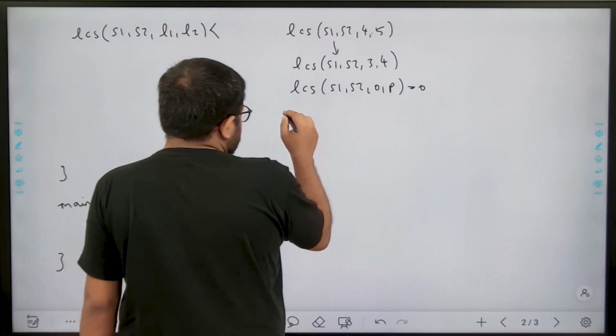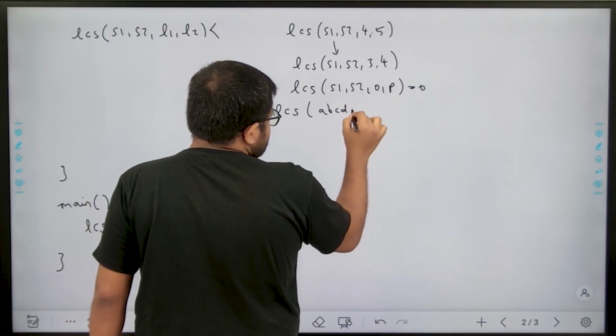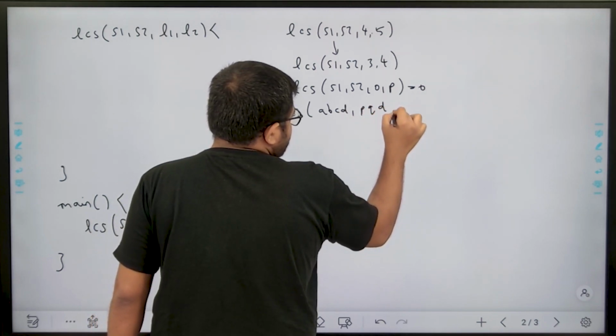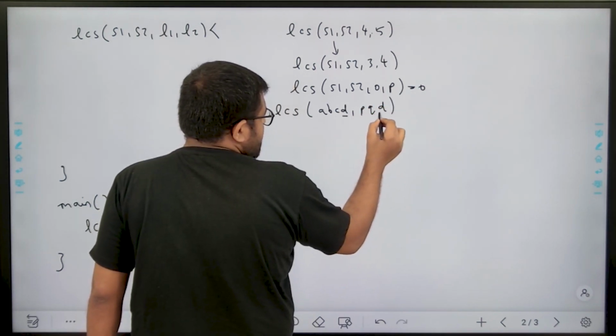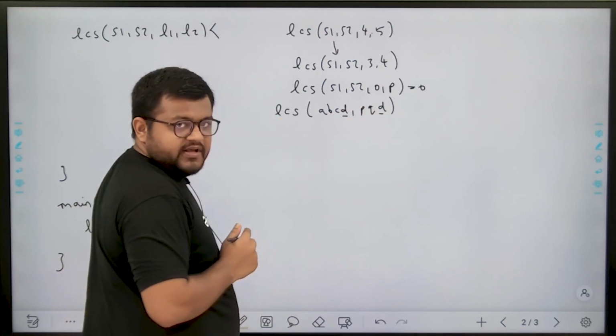Why? Suppose I have to find the longest common subsequence between A, B, C, D and P, Q, D. At present I have to think about these two characters and then recursively make a call on smaller strings.